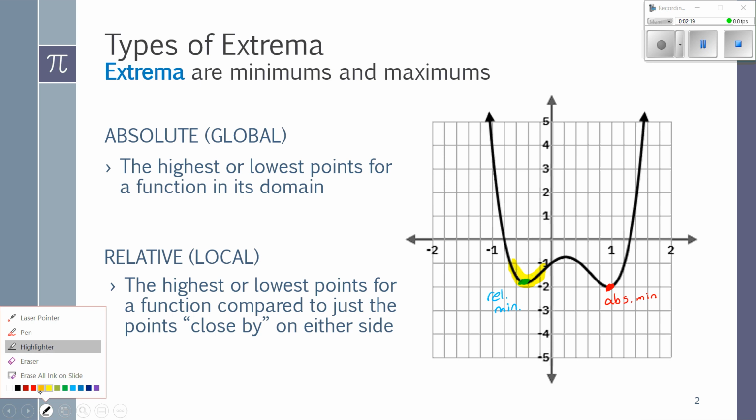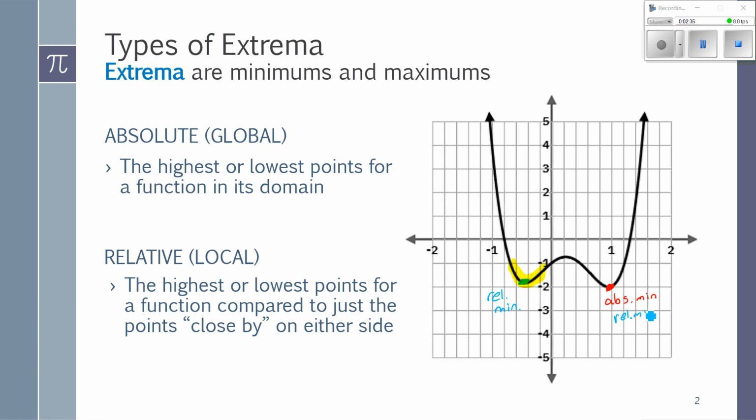A lot of people like to think of relative minimums as things that look like minimums but aren't absolute. But technically speaking, even an absolute minimum is also a relative one, because even if I look just close by, it is the lowest point close by.